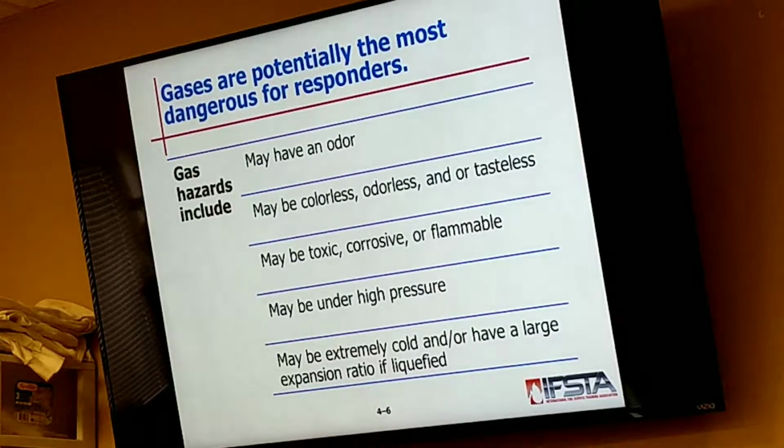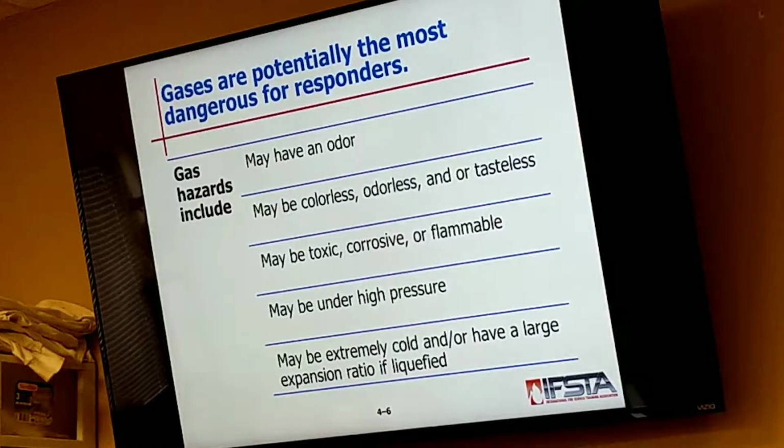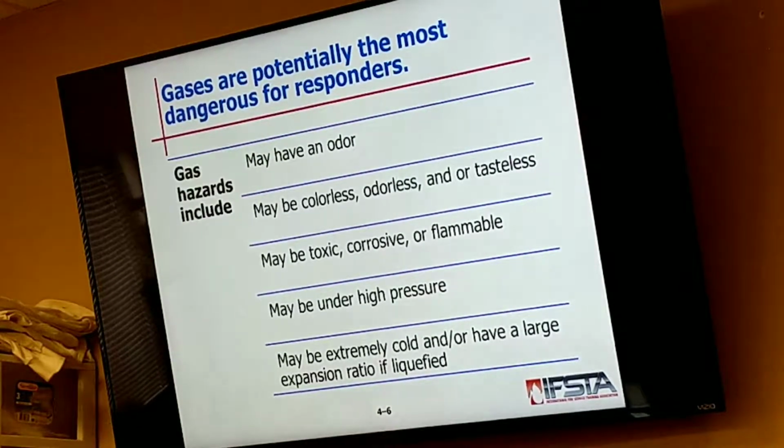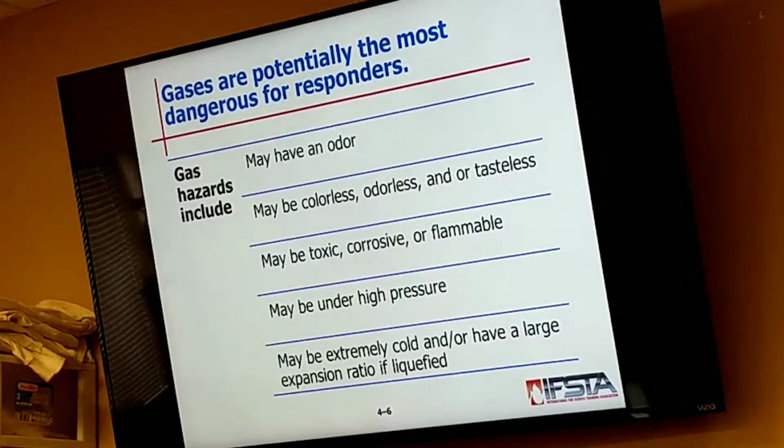Okay, we're going to talk a little bit about gases here. They are potentially the most dangerous for emergency responders. Many of the hazmat related injuries are due to the inhalation of the vapors or the gases. Some have odor, such as chlorine.